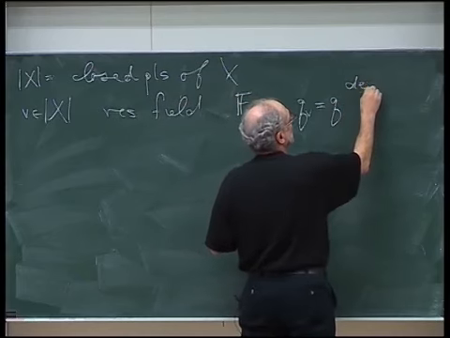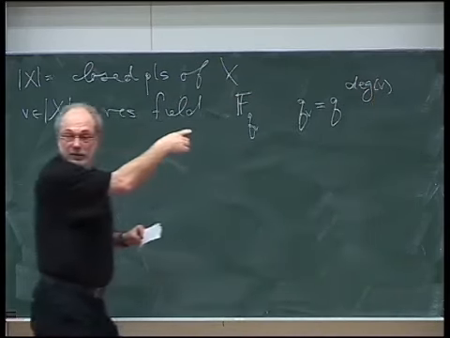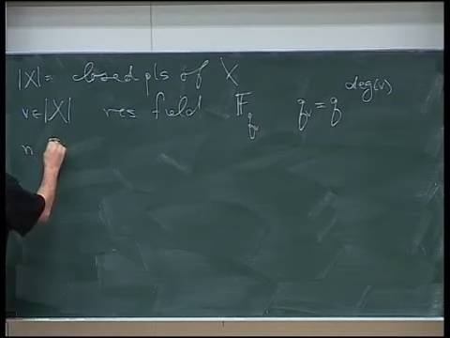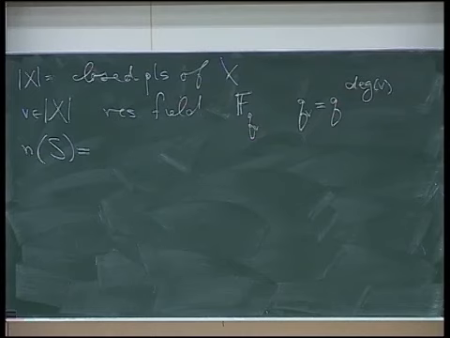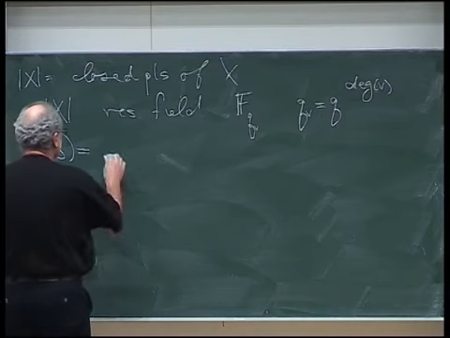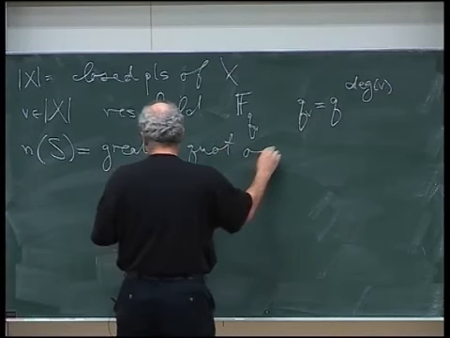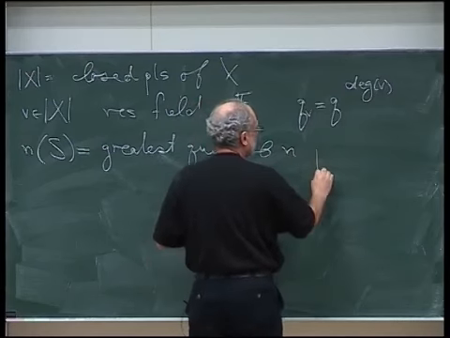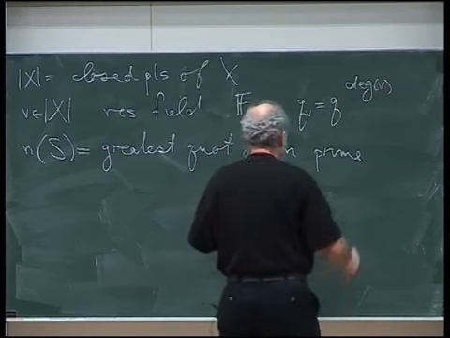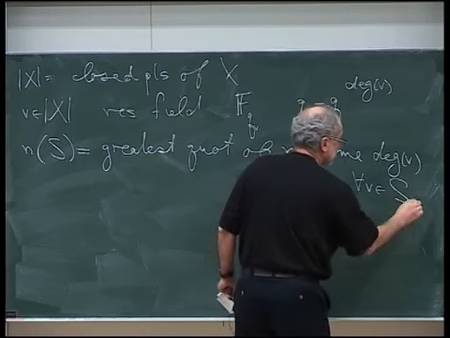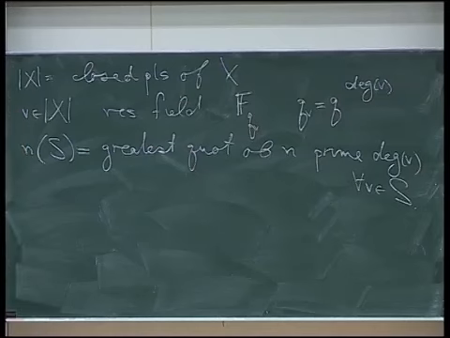I define the degree of v using this formula, and what comes into the formula is this number, which depends on the set S of bad places. This is the greatest quotient of the number n, which is prime to the degrees of v for every v in the finite set S. So this is the bad number.